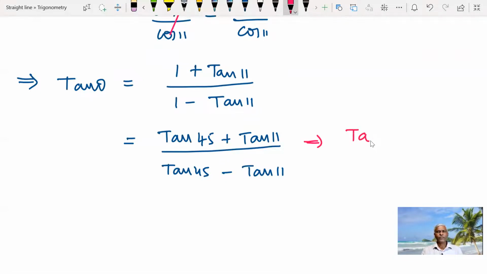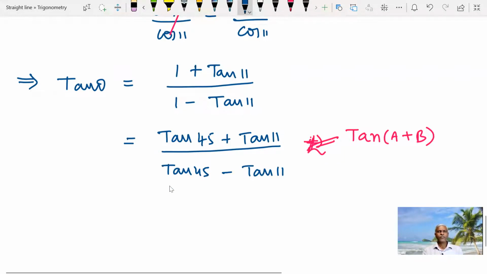So this is in the form of the tan A plus B formula, tan A plus tan B by 1 minus tan A tan B. You can write here tan 45.